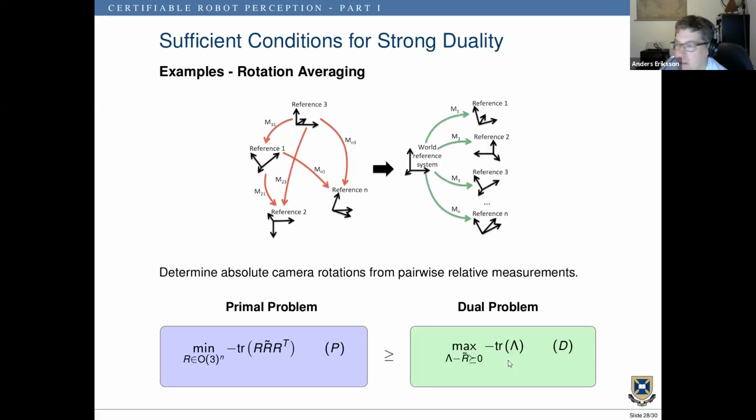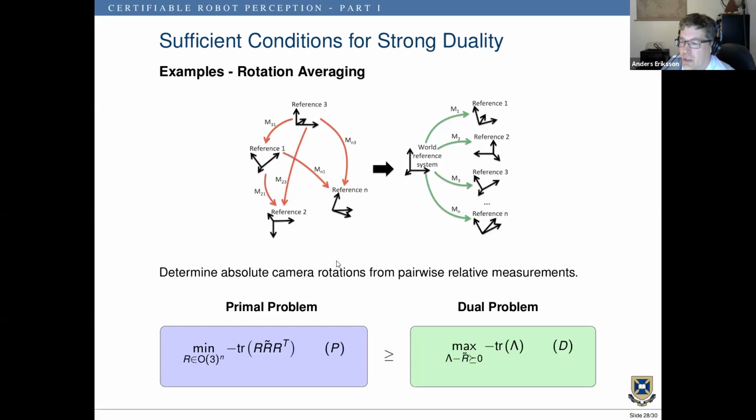And then the second example here is the problem of rotation averaging. This is the problem of determining absolute camera rotations from pairwise relative measurements. So here we have, for example, four cameras, and we know their relative rotations, and we now want to find what their absolute rotations are, at least up to some global world reference system.